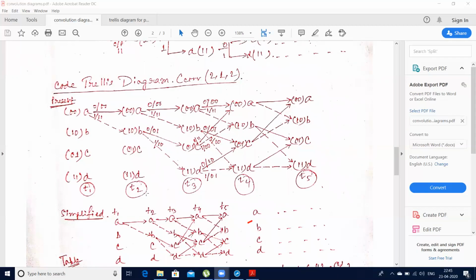From this diagram, we have already considered the 4 possible initial sequences A, B, C, D, right?